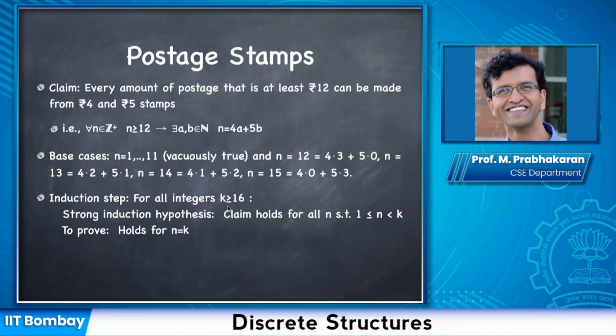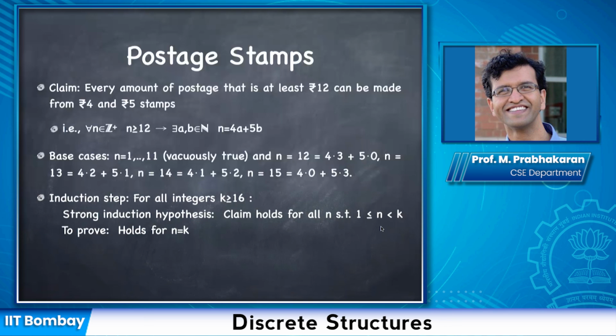Okay, so for all integers k greater than or equal to 16, I'm claiming that I get to assume that this condition holds for n strictly less than k. That's why I'm going to start with k equal to 16, so that something I have already shown, the claim holds for all n up to 15.